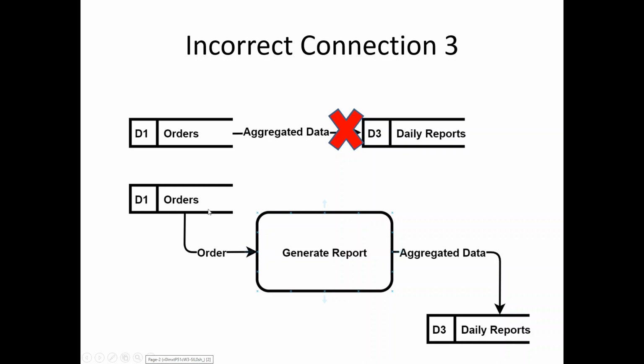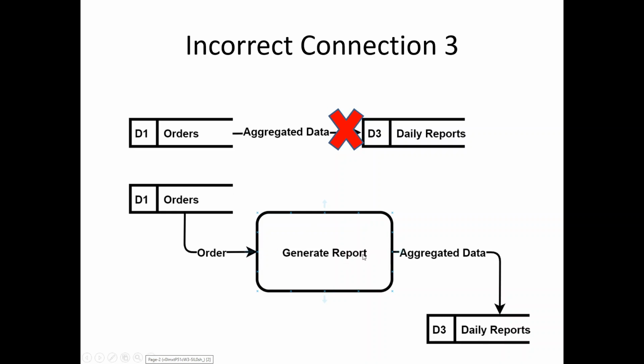Here we have some records stored in this orders data store. And then at the end of each day, we may need to generate daily reports. That is, we may need to calculate, for example, total revenue and total cost for each day. Okay? So then we need a process which is called generate report.